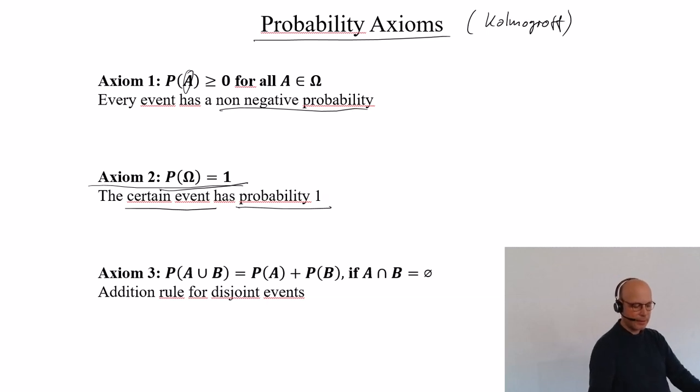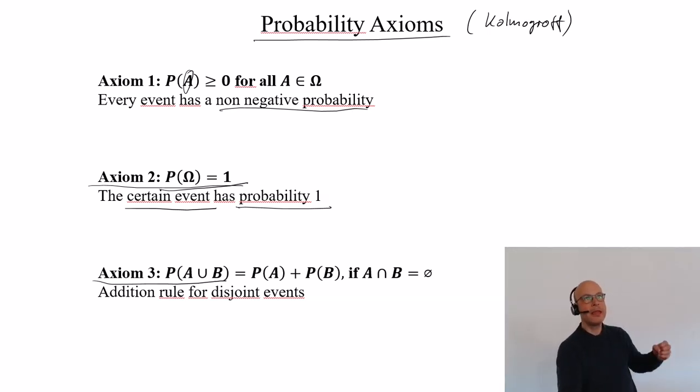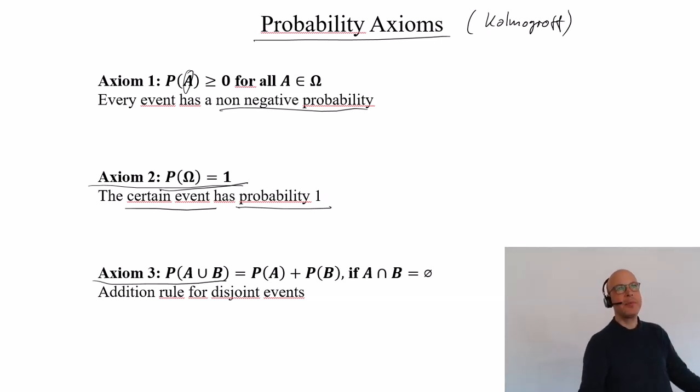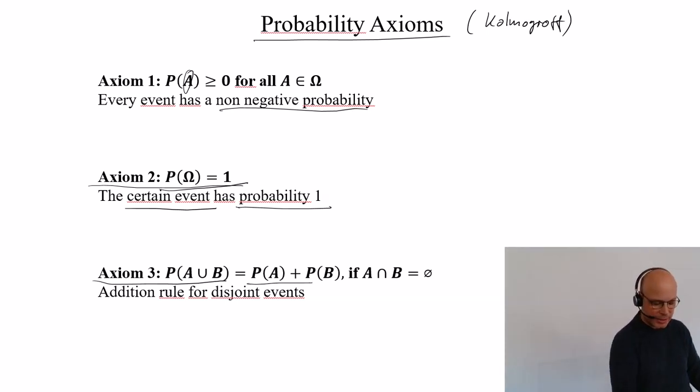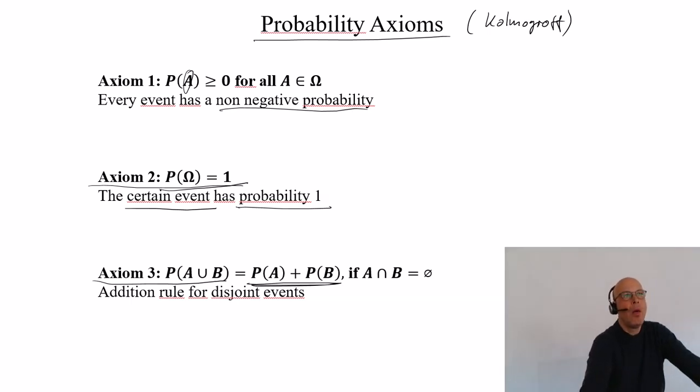And then, as axiom 3, we define the event of A and B happening together as just the sum of the two single events.